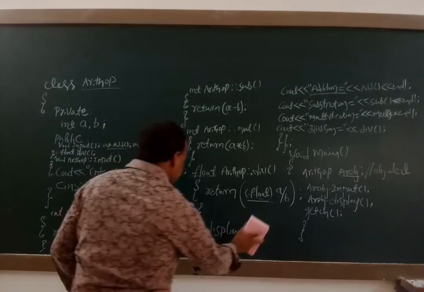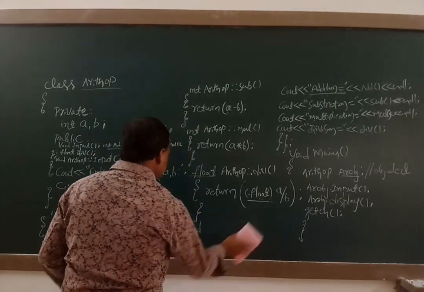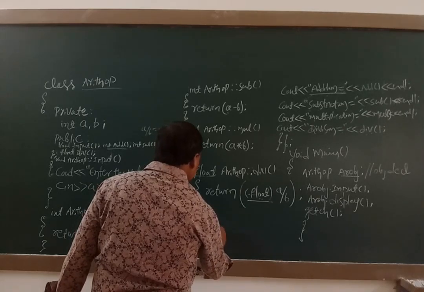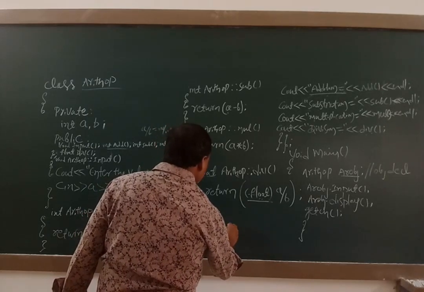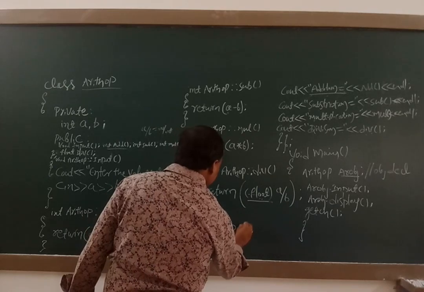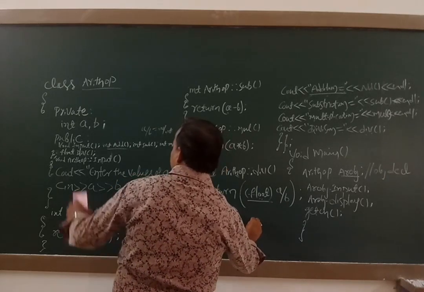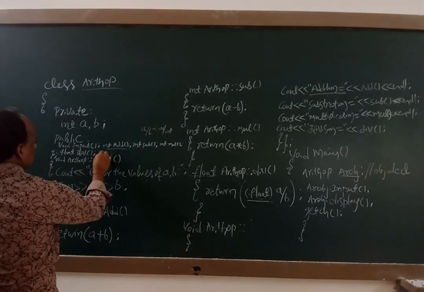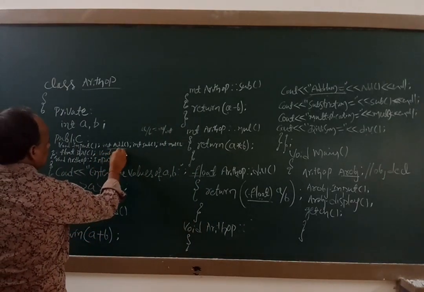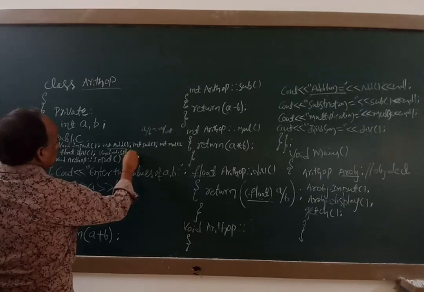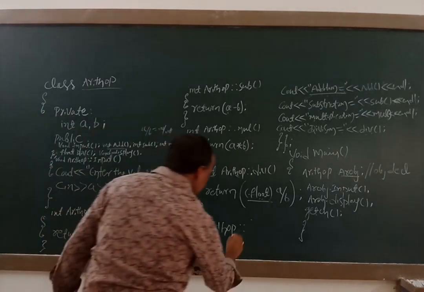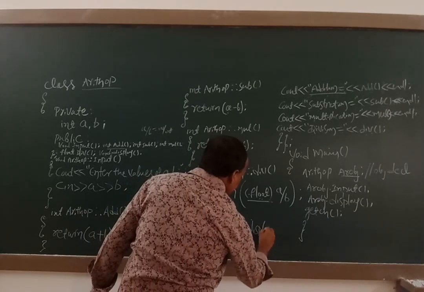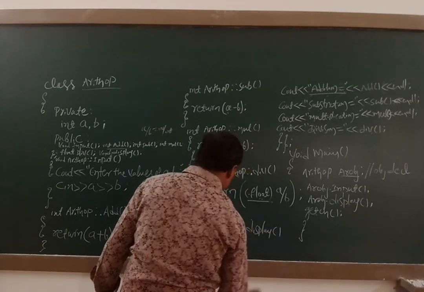For display also we have to write void, class name is ARITHOP, scope resolution operator, display function. Here I have not considered a display function. Take void display function. So scope resolution operator, display function.